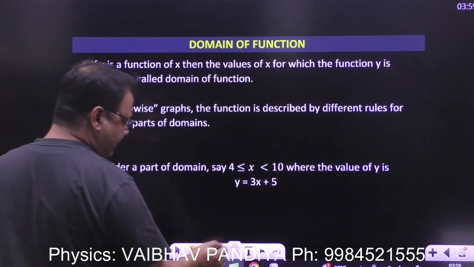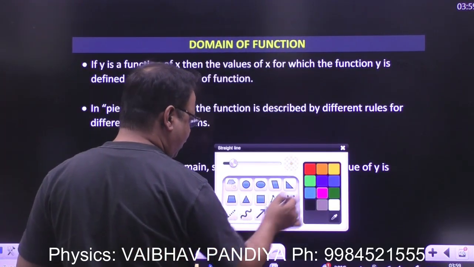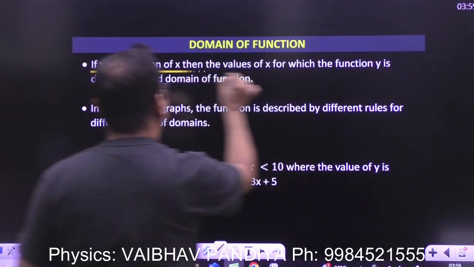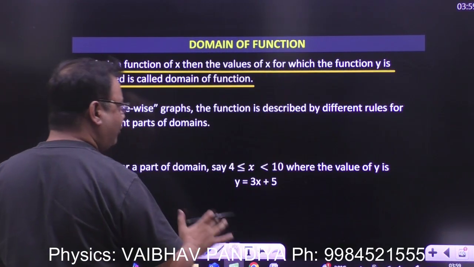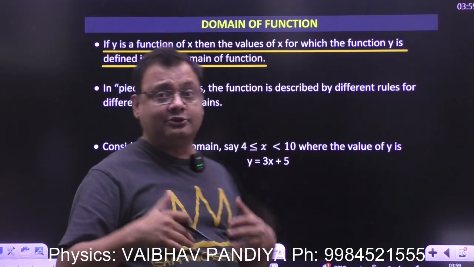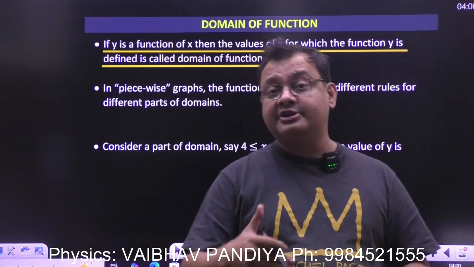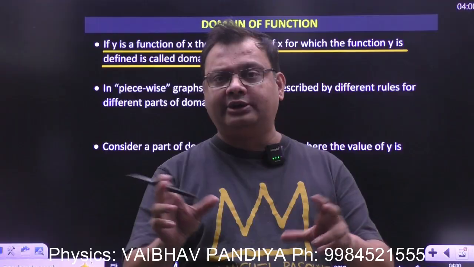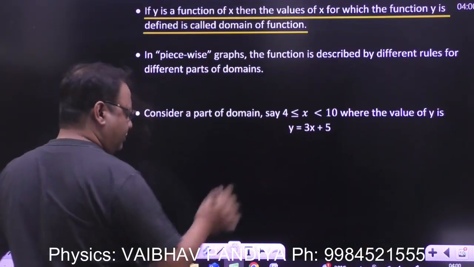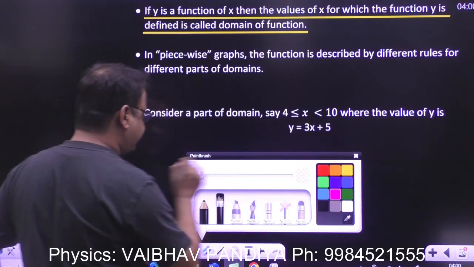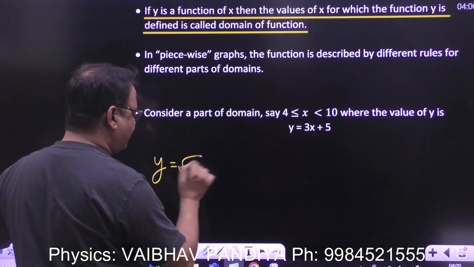Say if we have y as a function of x, always in our prototype we take y as a function of x. Then the values of x for which the function is defined or meaningful is called the domain of the function, okay? Suppose for illustration, y is equal to root x.